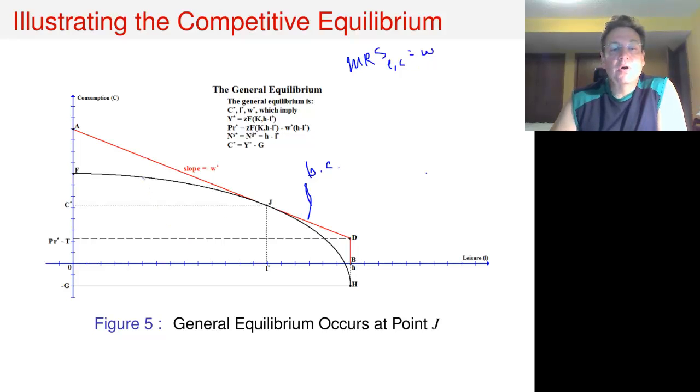Then we also have summarized the firm's profit maximizing behavior through this production possibilities frontier.